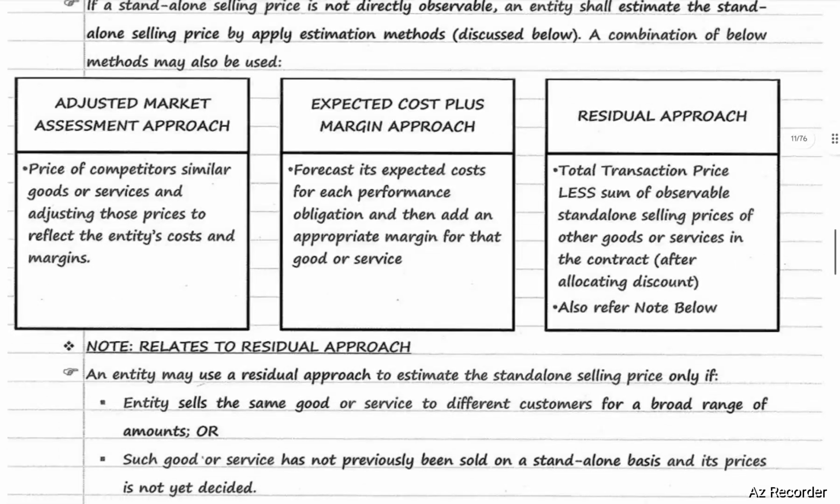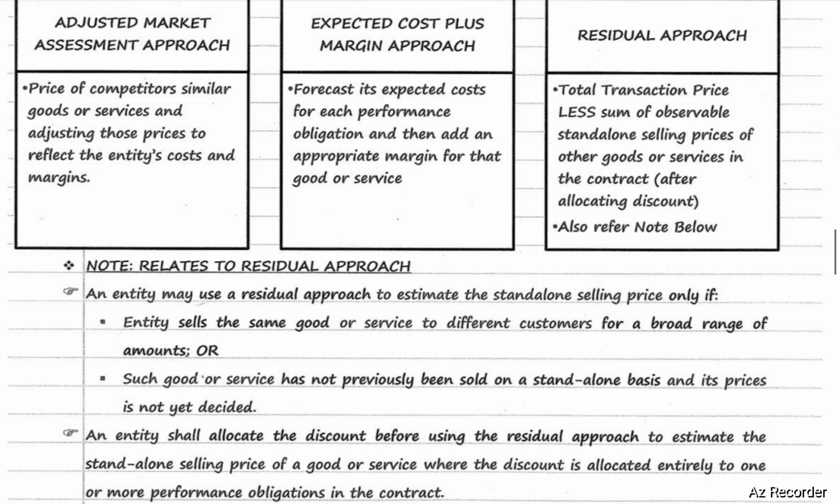An entity may use a residual approach to estimate the standalone selling price only if the entity sells the same goods or services to different customers for a broad range of amounts, or such goods or services have not previously been sold on a standalone basis and their prices are not yet decided. That means residual approach is used in case customers are different or there is no previous history of sale of such goods or services. In any of the cases, residual approach is used.